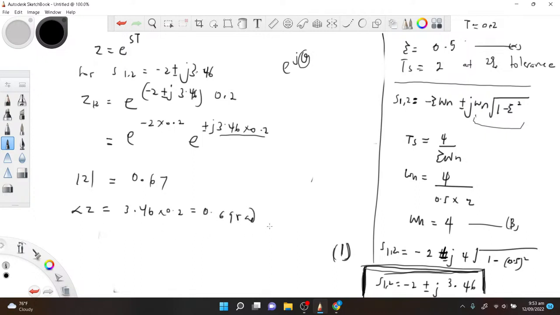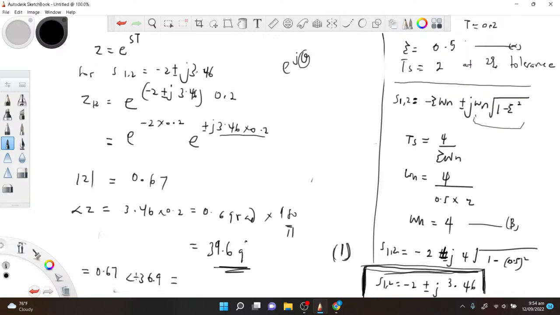Convert it to degrees by multiplying by 180 over pi, and you get 39.69 degrees. So the closed-loop poles in the Z domain are 0.67 angle plus or minus 39.69 degrees.